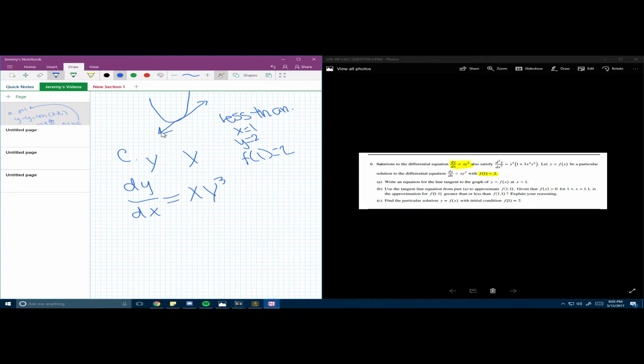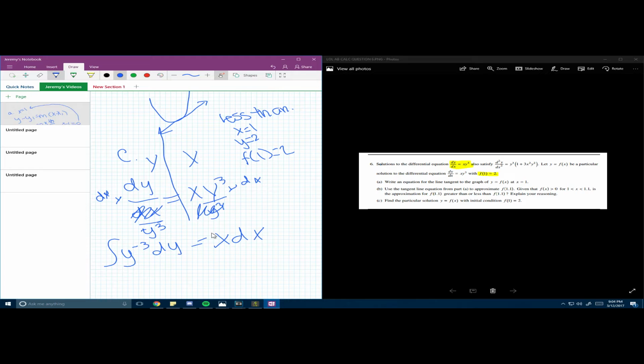You have to separate the values. All the y's go here with dy and all the x's go here with dx. We'll multiply out dx and divide by y cubed. This gets rid of this, and we're left with x dx is equal to y to the negative 3 dy.